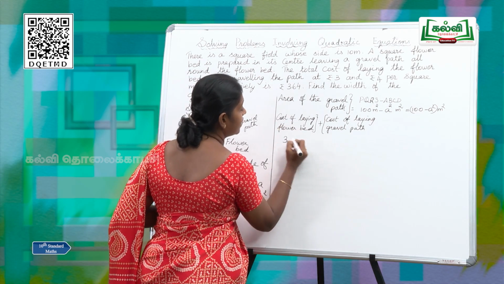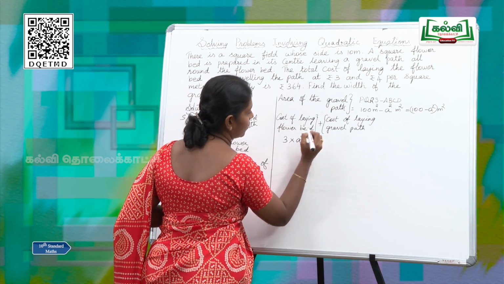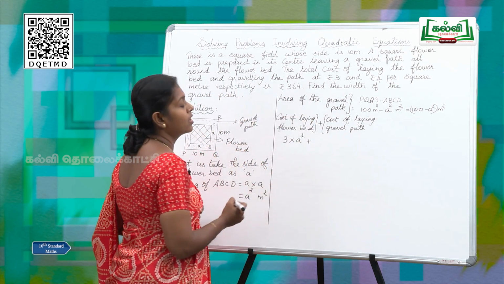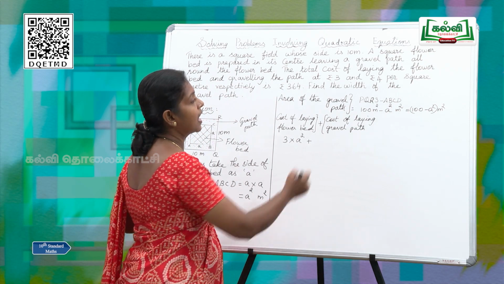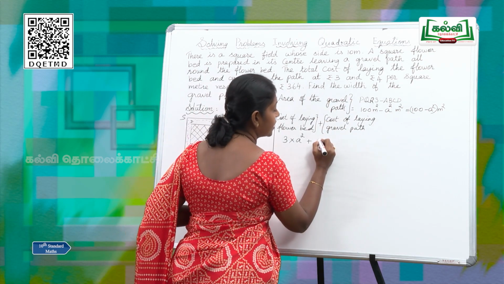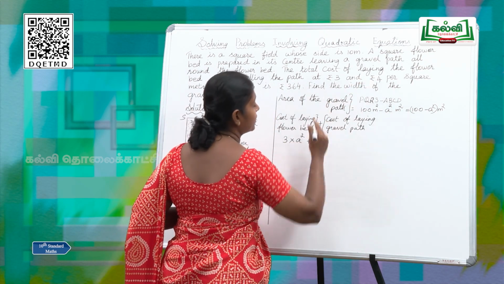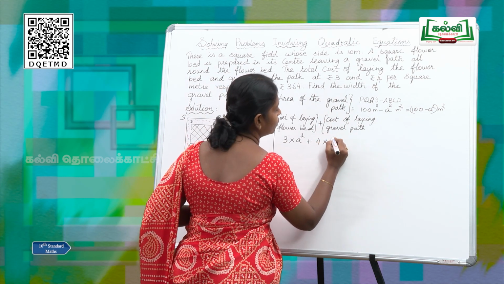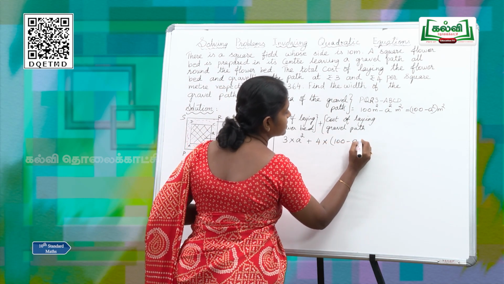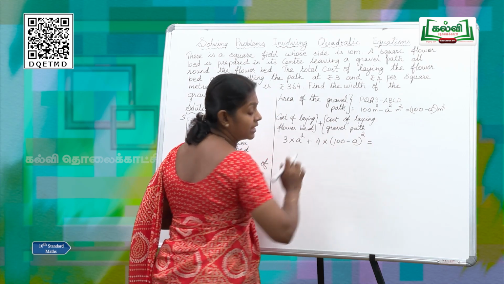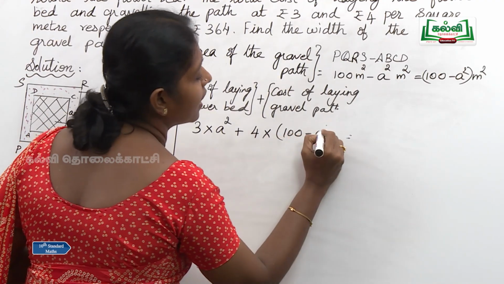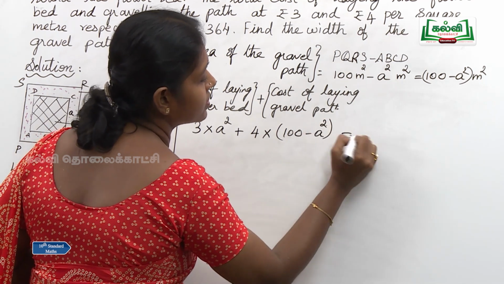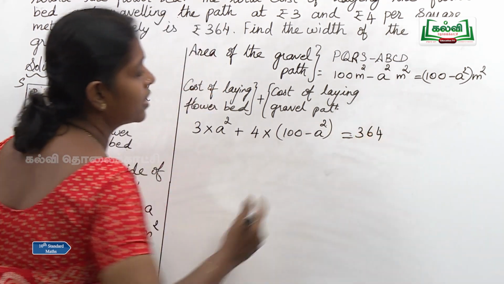Good. So, 3 into a squared, plus the cost of laying the gravel path. The area of the gravel path is 100 minus a squared, which should be multiplied with rupees 4. So, 4 into 100 minus a squared. Totally they spent 364, that means 3a squared plus 4 into 100 minus a squared is equal to 364.